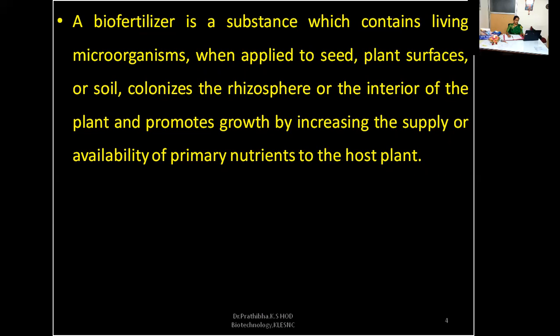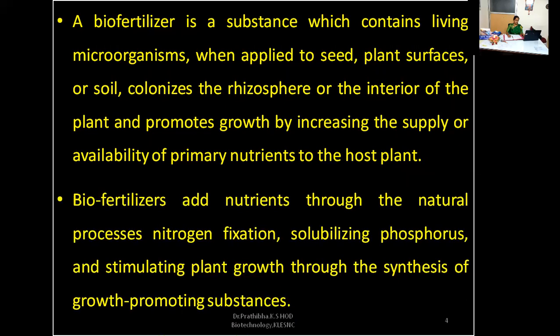Also, to define further, a biofertilizer is a sustainable product which contains living microorganisms. When we apply these living organisms to seed, plant surfaces, or soil, they colonize the rhizosphere or the interior of the plant, and that in turn promotes growth by increasing the supply or availability of primary nutrients to the host plant.